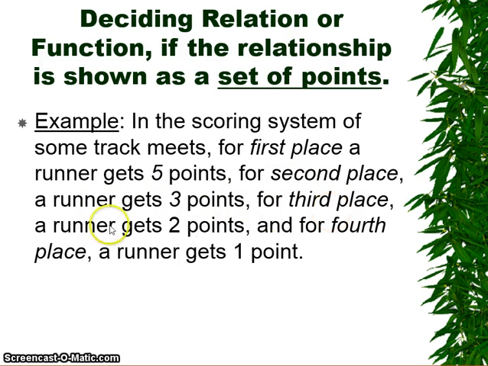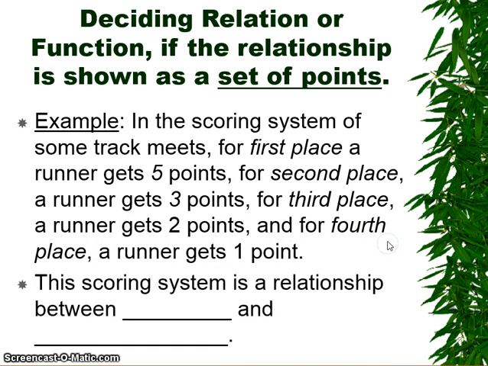For third place, a runner gets 2 points. And for fourth place, a runner gets 1 point. This scoring system is a relationship because there is a relationship between the place value that you earn in the race and the number of points you earn.